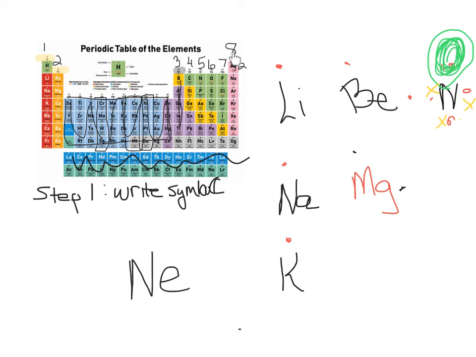According to our periodic table, it has 8 valence electrons. So we're going to draw those 8 valence electrons, starting at the top. 1, 2, 3, 4, 5, 6, 7, 8.